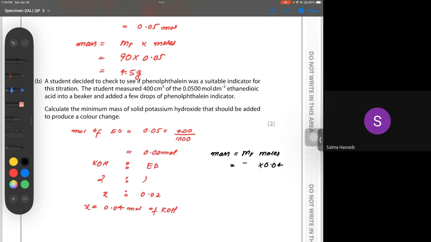I think it's 56. What's the answer? 2.24 grams. Okay, simple, easy.